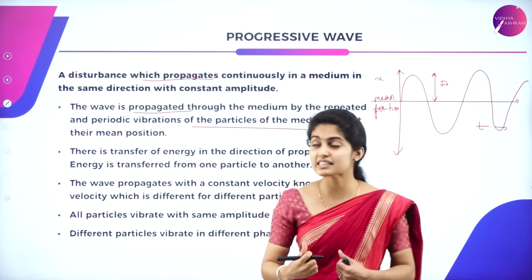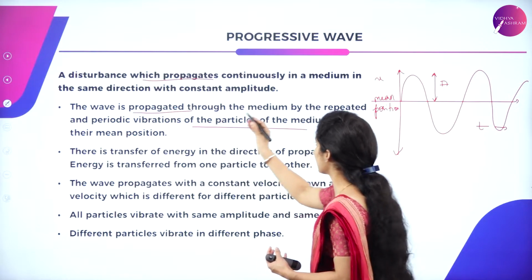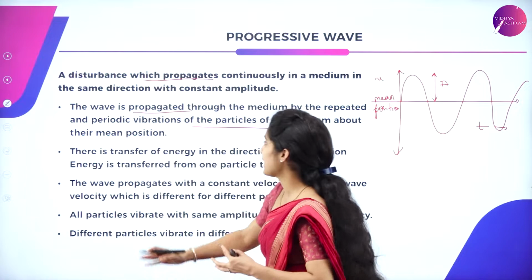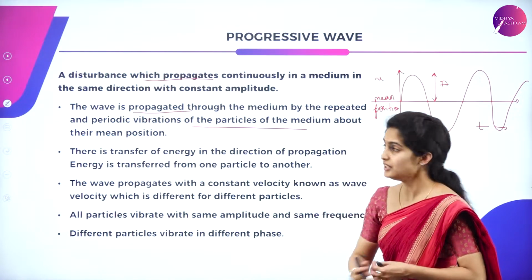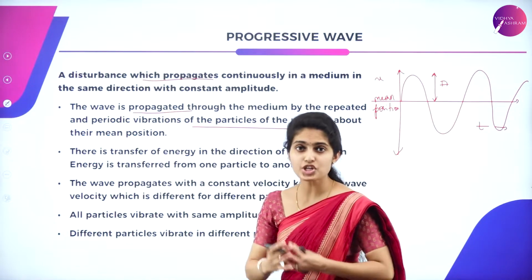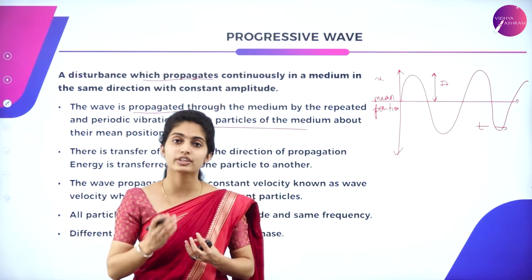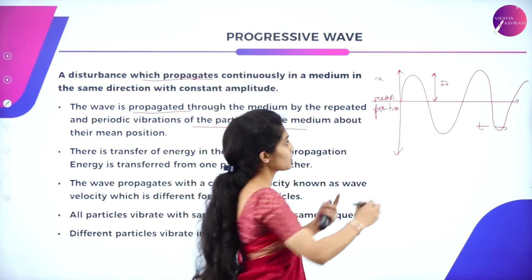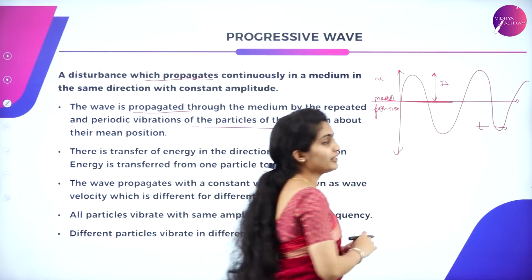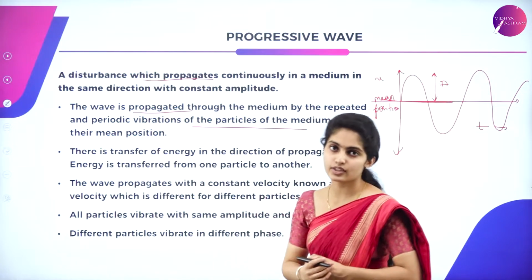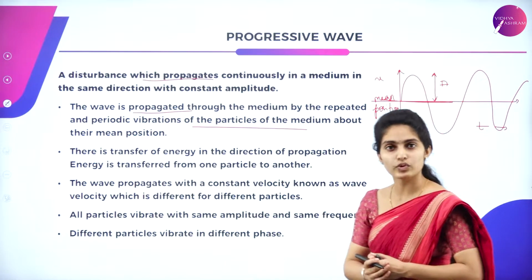So the wave propagated through a medium has continuous movement as well as periodic vibrations, and the vibration of the particles is about their mean position. That's all about the first characteristic.